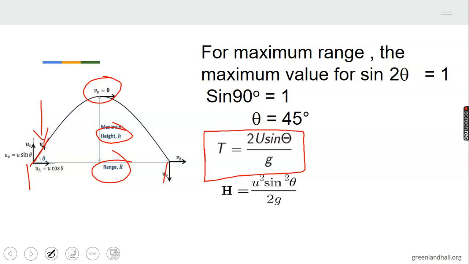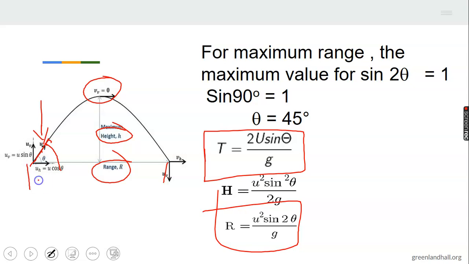For the maximum height, u square sine square theta all over 2g, where theta is the angle the motion makes with the horizontal ground. And range is calculated using this formula: R equals u square sine 2 theta all over g.